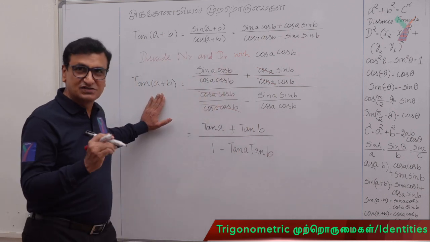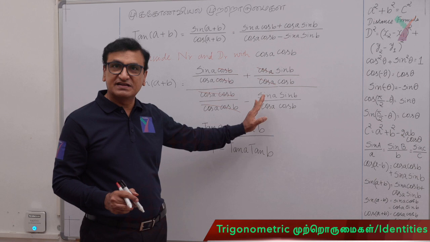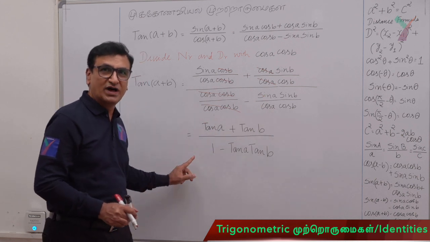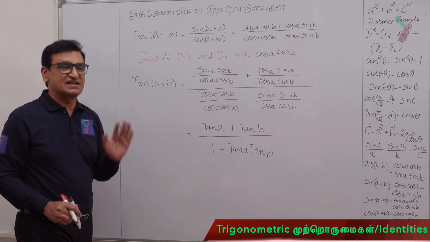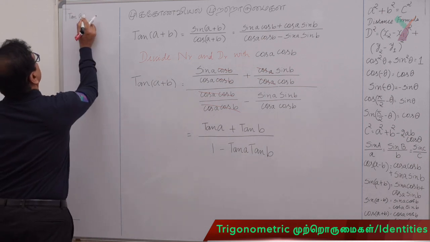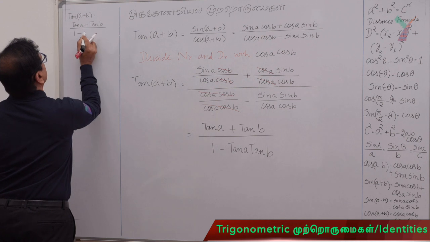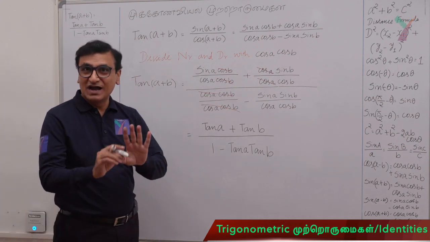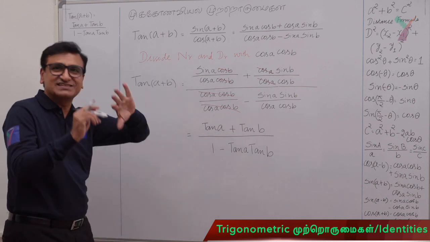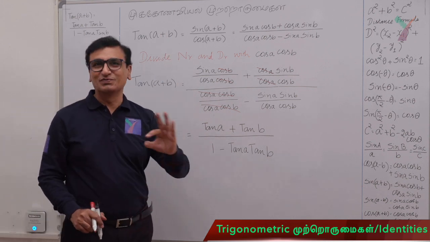So tan A plus B is tan A plus tan B divided by 1 minus tan A tan B. Simple. Very easy to understand. Next, tan A minus B. I am not going to derive in exactly the same manner. You can derive, you please try it yourself.